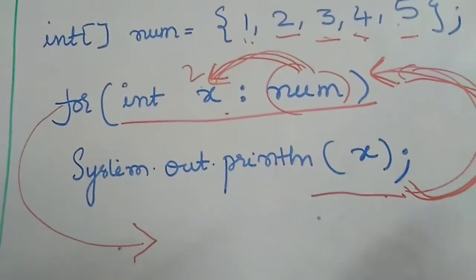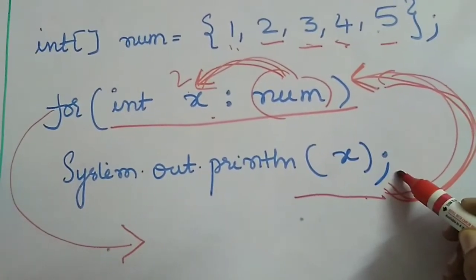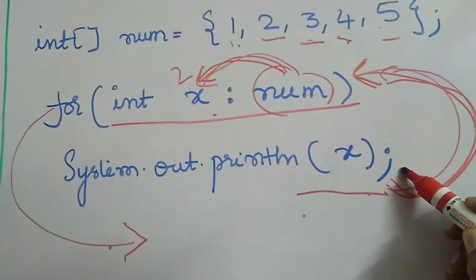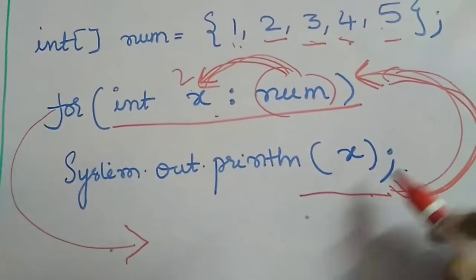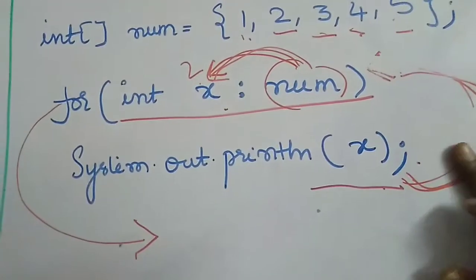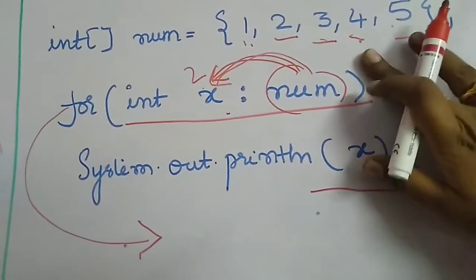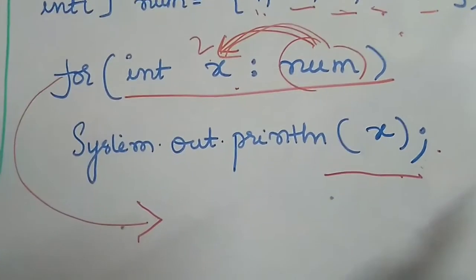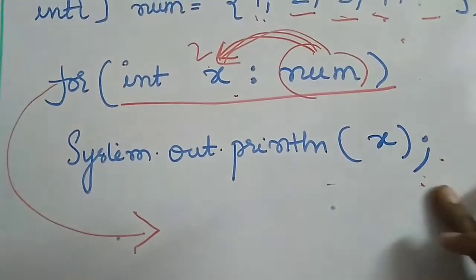Since there is only one statement after this for loop, we haven't put it in a block. For example, I want to find the sum of the elements in the array. So I have two statements: I want to print the element as well as sum it.